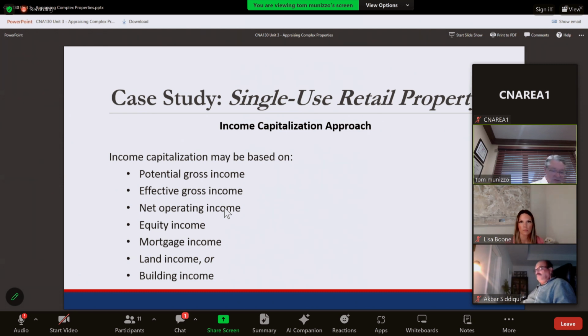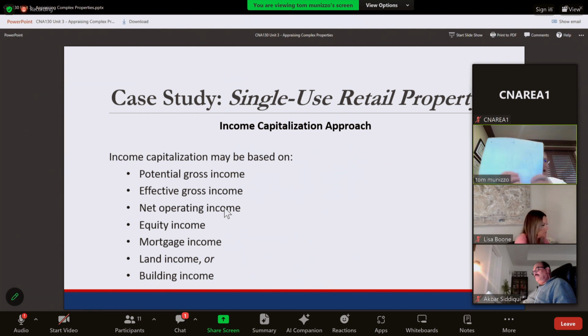And I'm going to teach you another trick. Once you get into capitalization and you start dealing with equity income, mortgage income, land income, and building income, now you draw this. Instead of one triangle, you draw three triangles.